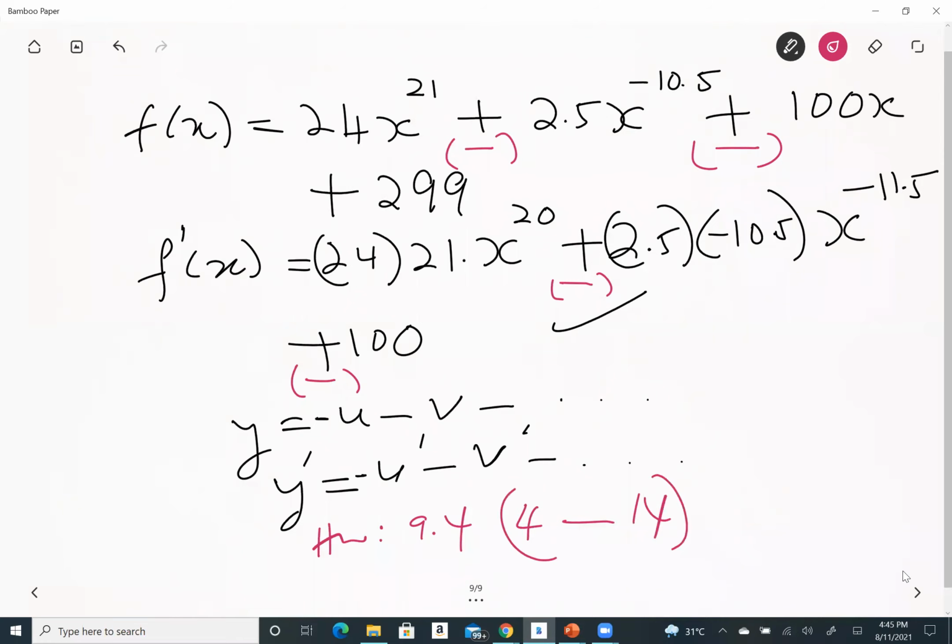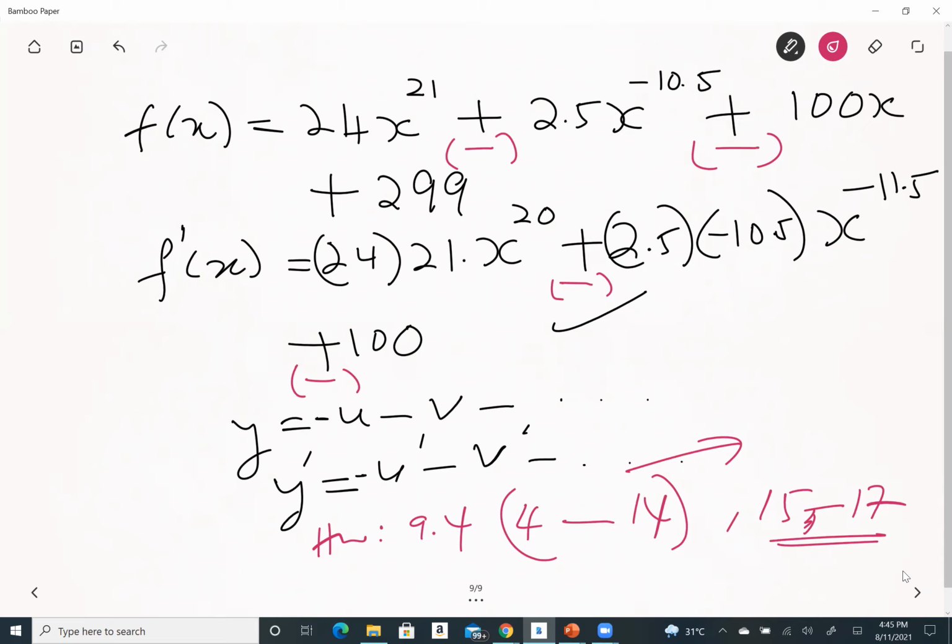You don't have to do all, do some, as many as you want until you feel comfortable. And then we can do number 15, 16, 17.